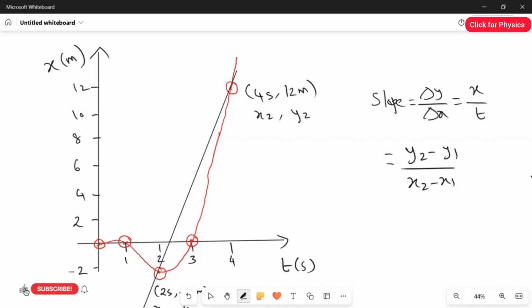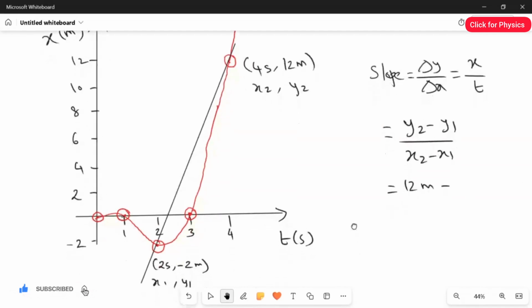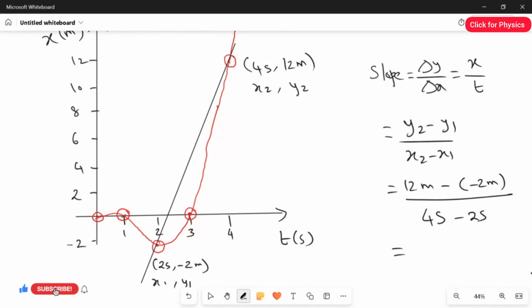So y2, what is your y2 here? Which is 12 meter minus, and what is your y1 value? Your y1 value is minus 2 meter, divided by, what is your x value here? Your x2 value here is 4 second minus 2 second. So here 12 minus of minus 2 becomes plus 2. That means 14 divided by 2. So we got 7. We got 7 meter per second.